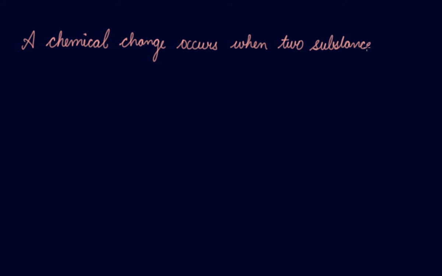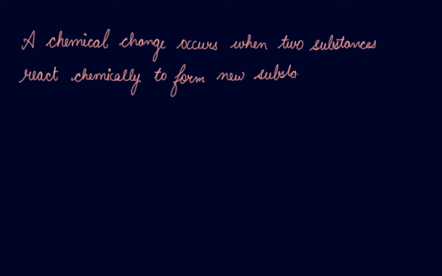A chemical change occurs when two substances react chemically to form a new substance with different chemical properties.